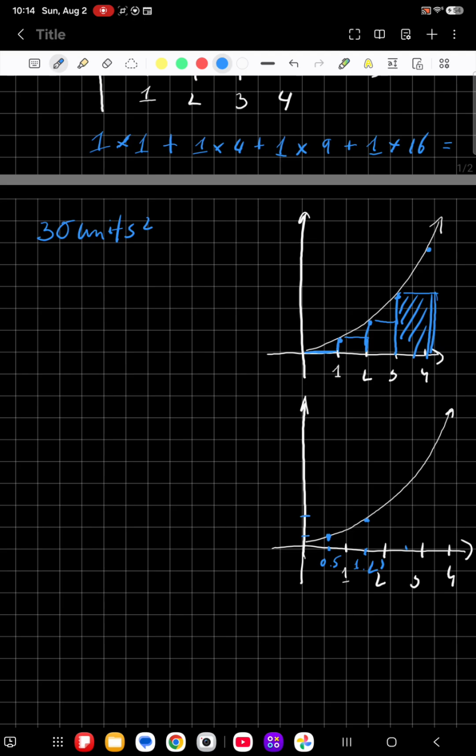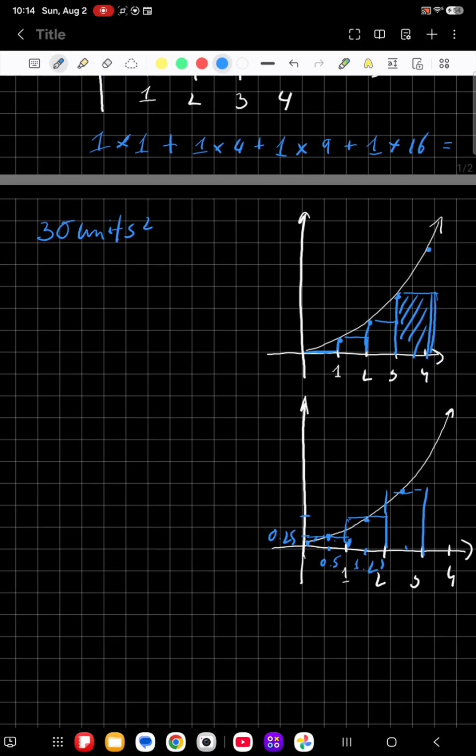The first one is 0.25. I'm squaring those 0.5. Let me actually draw those rectangles first. So first one, that height line will go through that midpoint. So that's going to be the first rectangle. Then the second goes here, and the midpoint will be here.